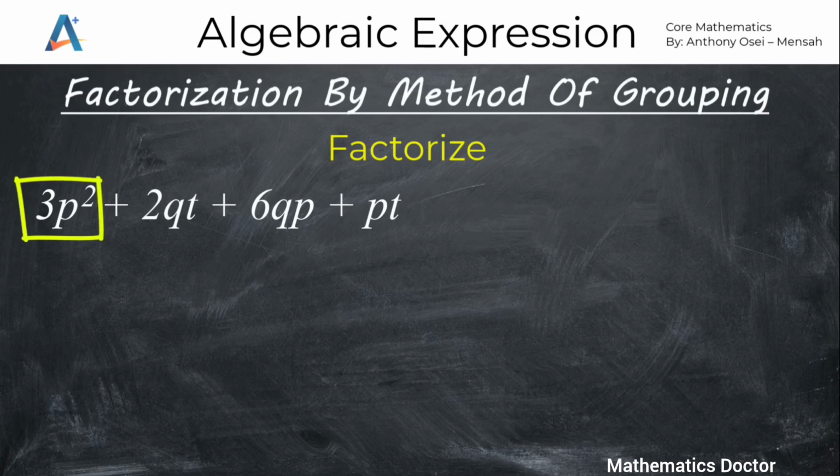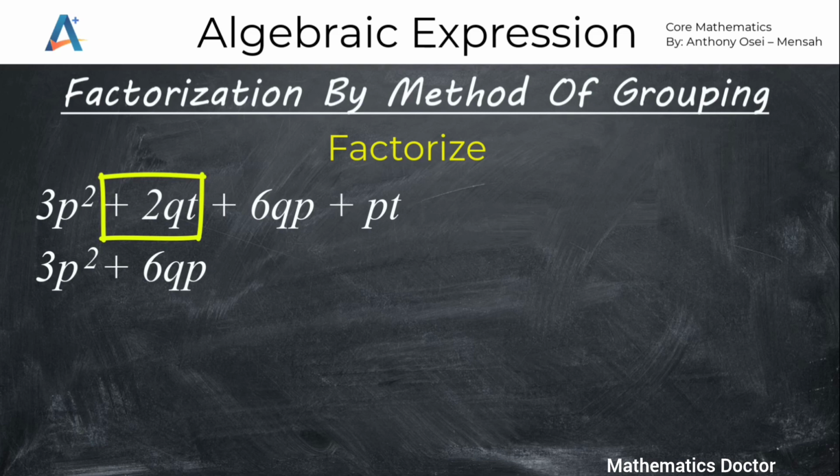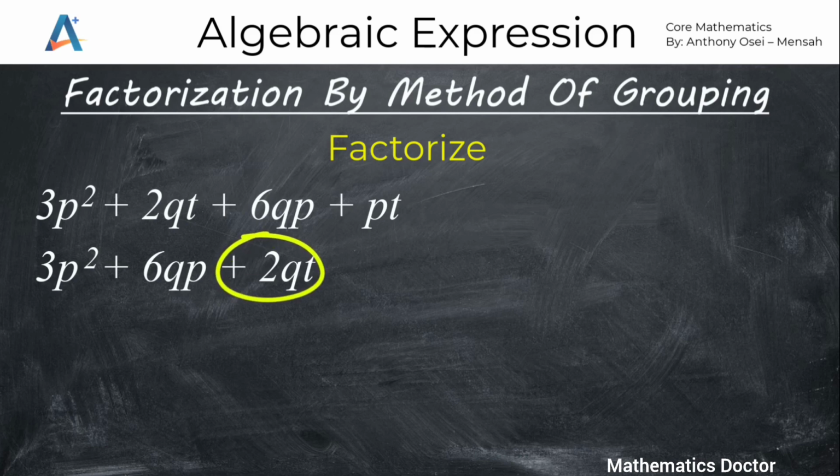Now, 3p squared will pair with 6qp as the first two terms. So I have 3p squared, maintain. Then we'll bring plus 6qp. So this will be our first group. Now we go on to plus 2qt, since it has a positive sign. Then plus pt, which also has a common factor.